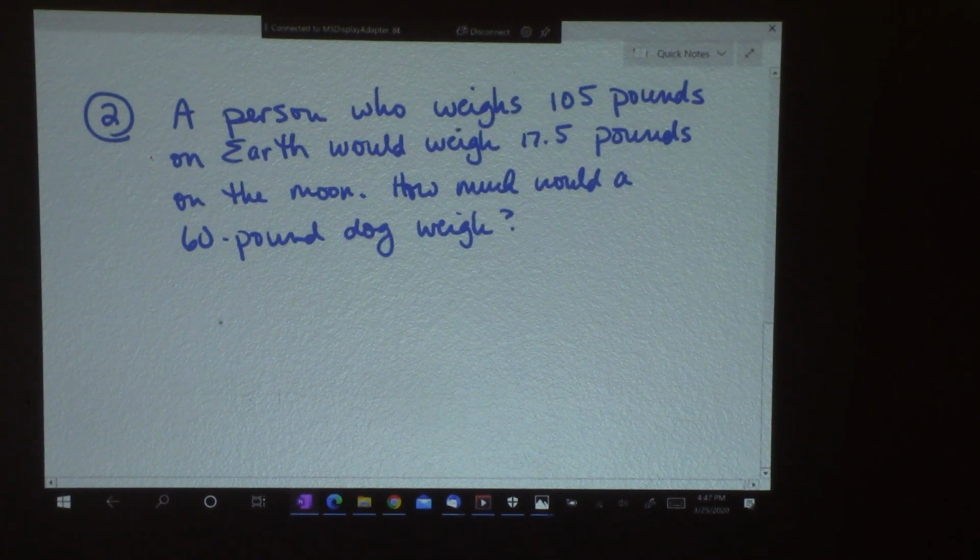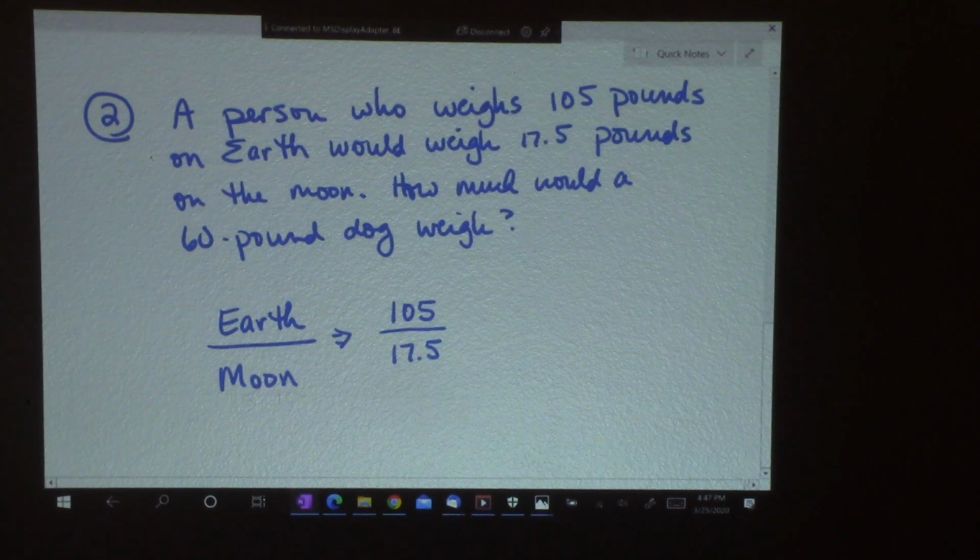Okay, so we have Earth weight over moon weight. For a person, that would be 105 over 17.5.